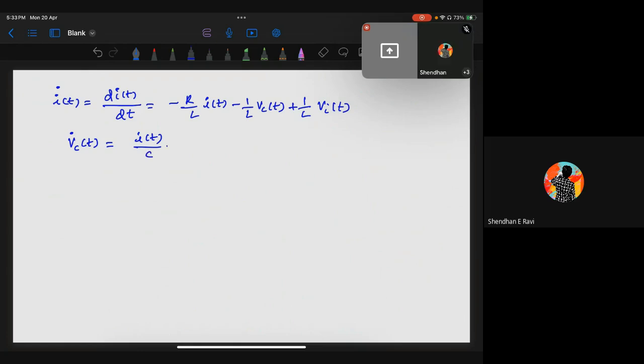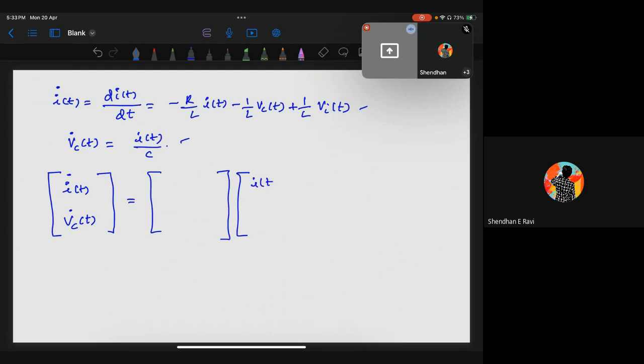Yes, sir. So now look at these two equations and put them in the matrix form. I'll write it like this. So i of t dot, Vc of t dot on the left hand side, and i of t, Vc of t, and Vi of t.